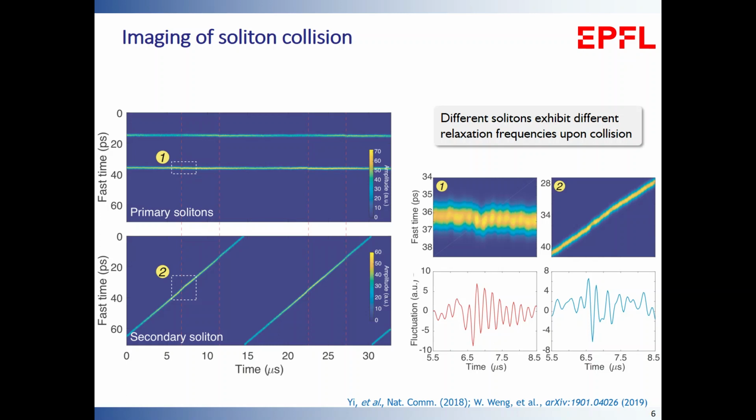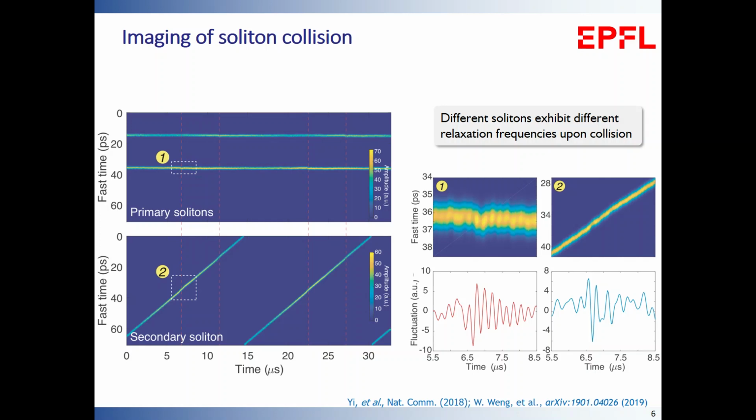A very accurate theoretical explanation of such a thing is still not completely understood, but it's widely accepted that each soliton has one unique relaxation oscillation frequency. So two types of solitons will have two different relaxation oscillation frequencies.